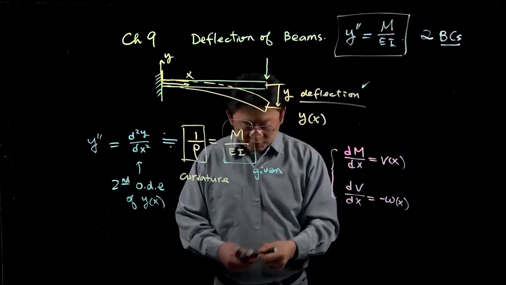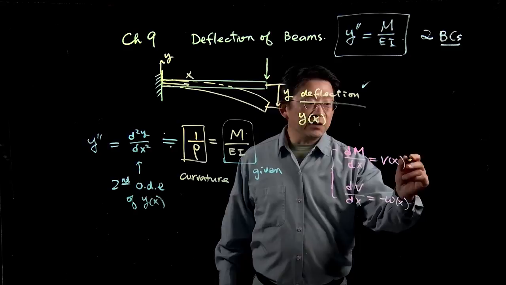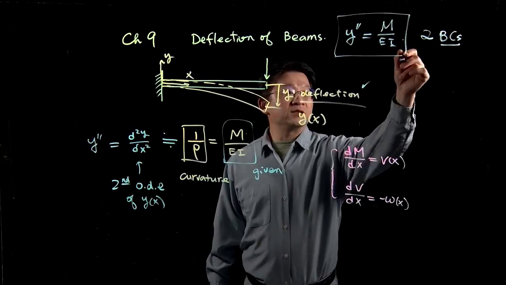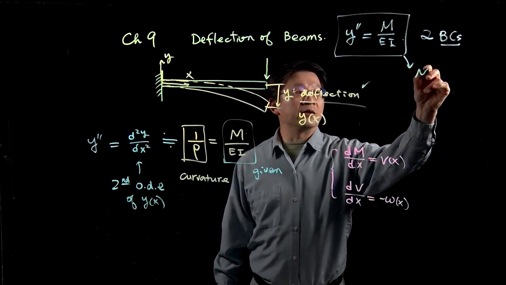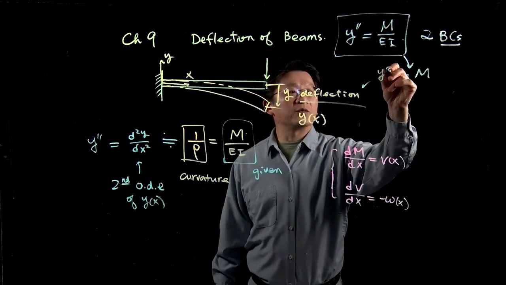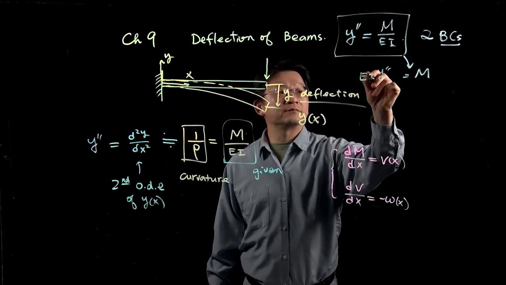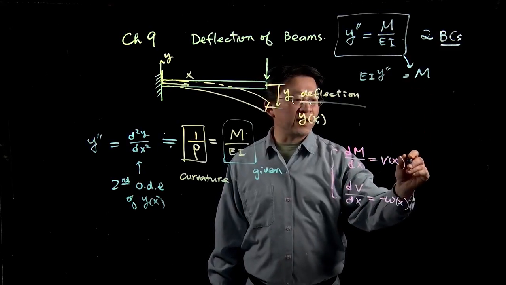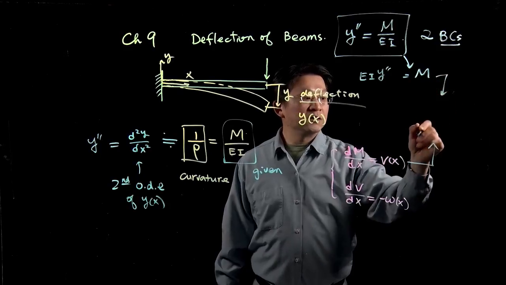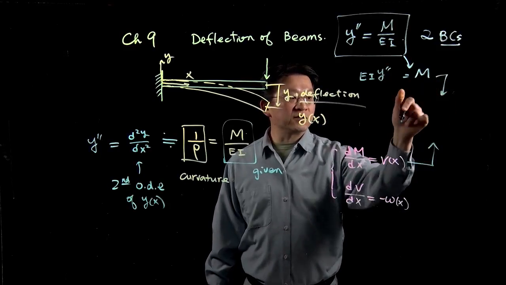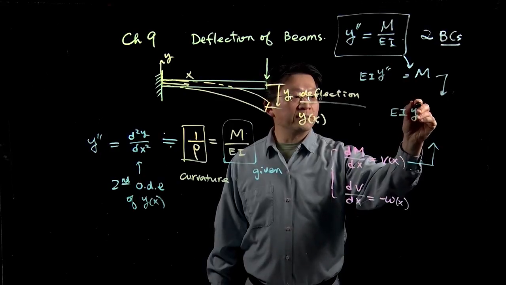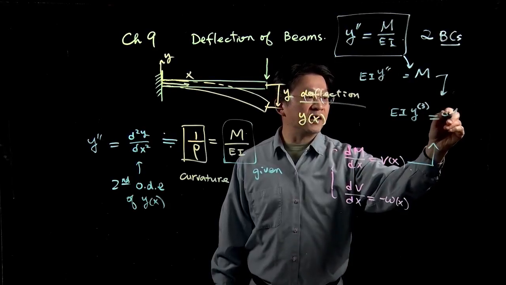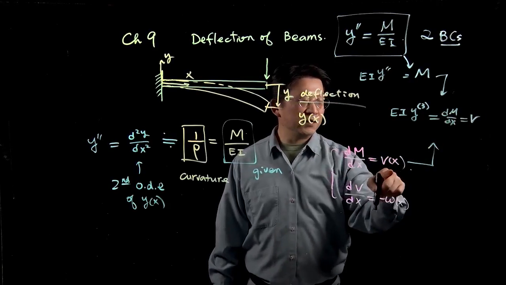Since dM/dx equals V, and M equals y double prime times EI, we take one more derivative, so EI times the third derivative of y equals dM/dx, which is equal to V.